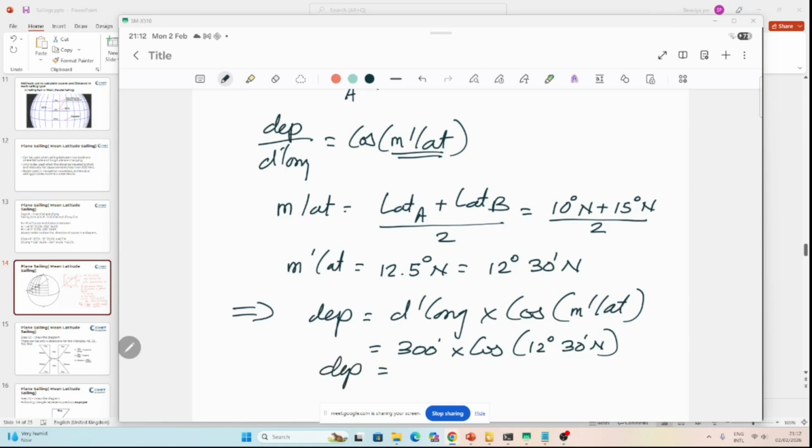What is the answer, guys? 292. Okay. 292.89. Are we clear?